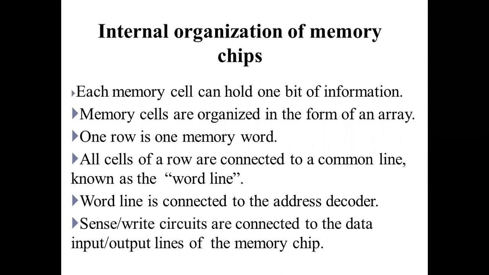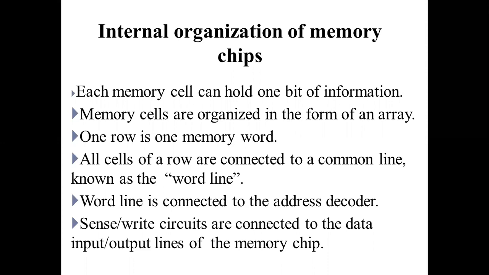Sense write circuits are connected to the data input output lines of the memory chip. What is this organization all about? This organization is the internal architecture of the memory chips. In other words, how the memory chips have been organized internally.